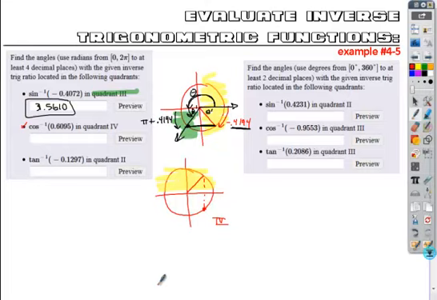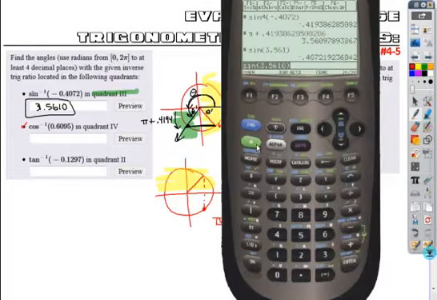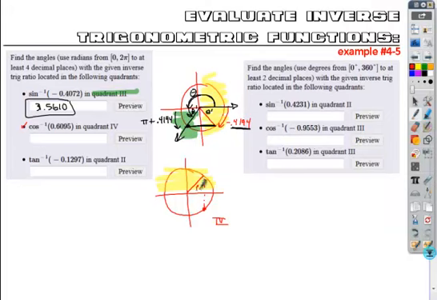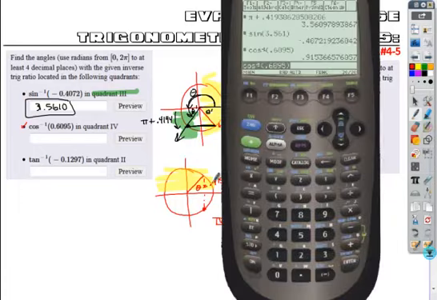So if we take the inverse cosine of this ratio, 0.6095, and we solve, we get our answer to be 0.9154. So that's this angle right here. Okay, so 0.9154 radians is the angle that I'm looking for.